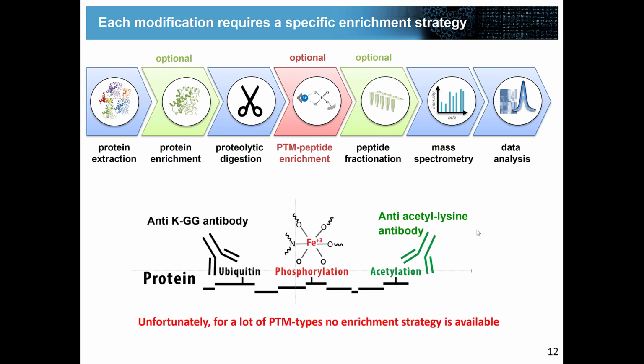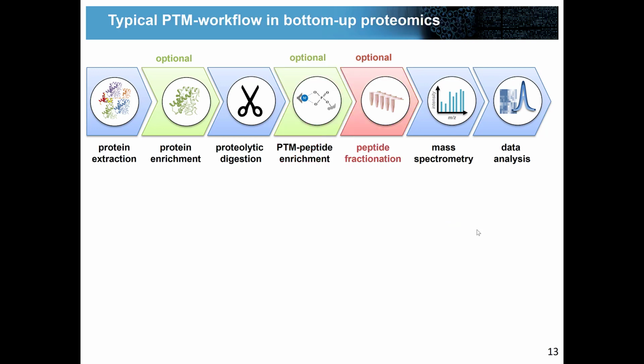And these peptide enrichment strategies can be very powerful and can really be a game changer for you, because with a well-working protocol you can achieve a really great enrichment ability to detect these peptides, but unfortunately enrichment strategies do not exist for every PTM type.